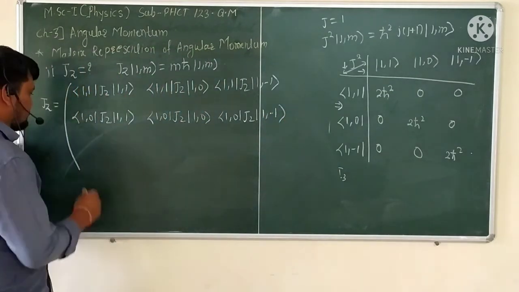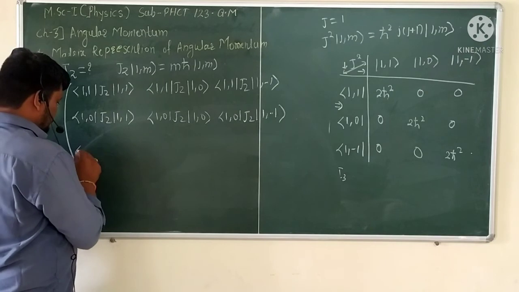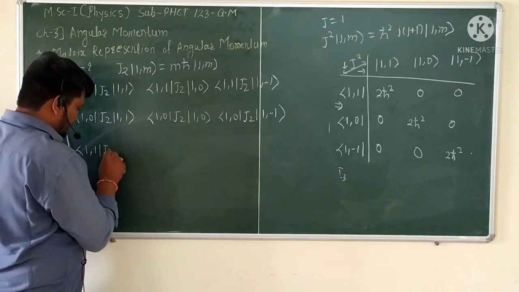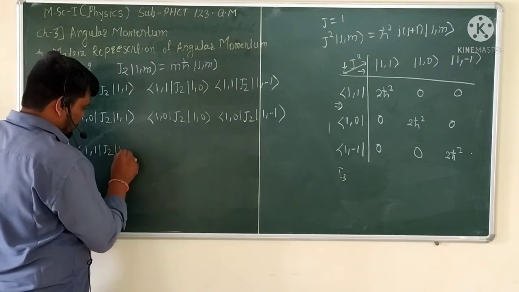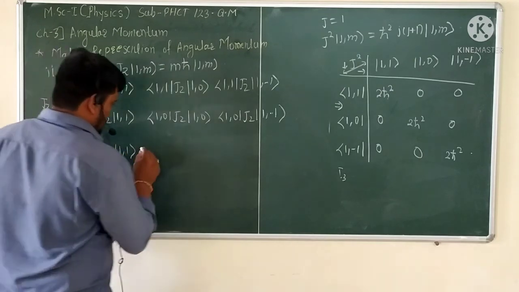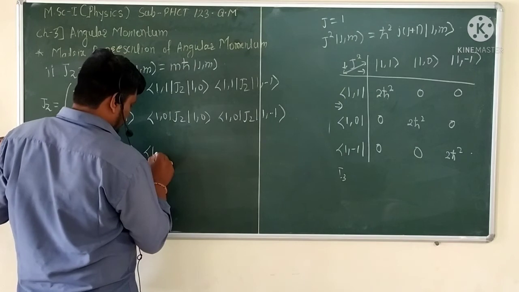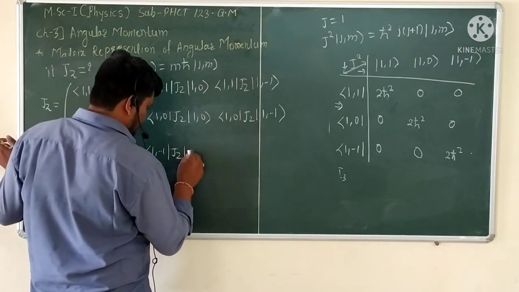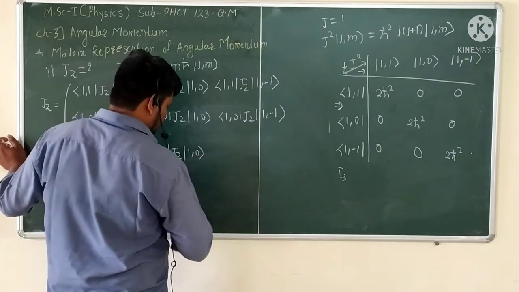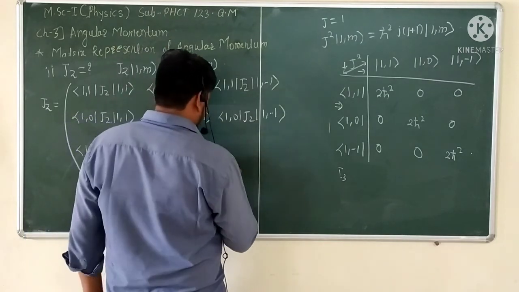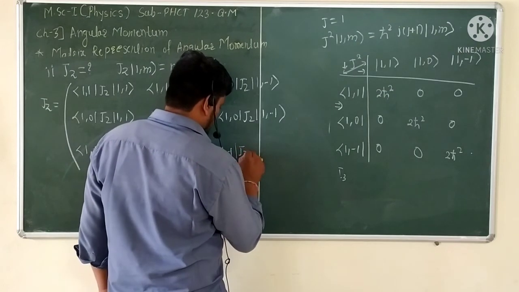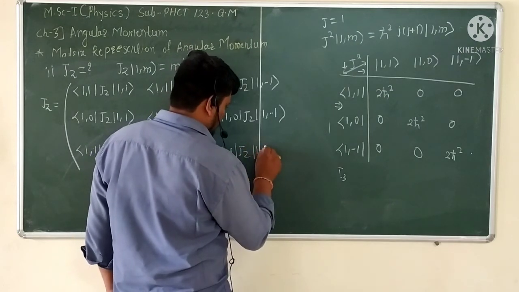Again, <1,-1| Jz |1,1>, <1,-1| Jz |1,0>, and <1,-1| Jz |1,-1>.